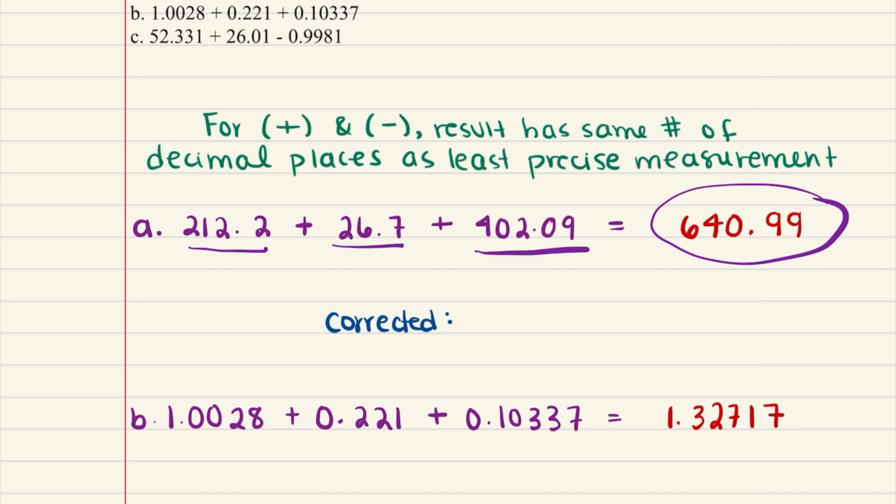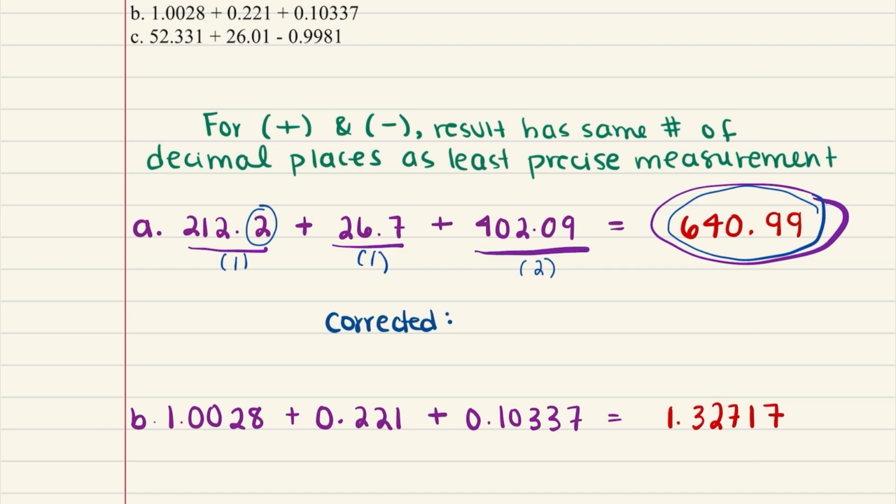So we want to look at each of these numbers and decide how many numbers they have after the decimal place. So this one has one number, that's the 2. This one as well, and this one has 2 decimal places. The least precise measurement is going to be the one that has the 1 decimal place, and that means that we want to write this number to 1 decimal place.